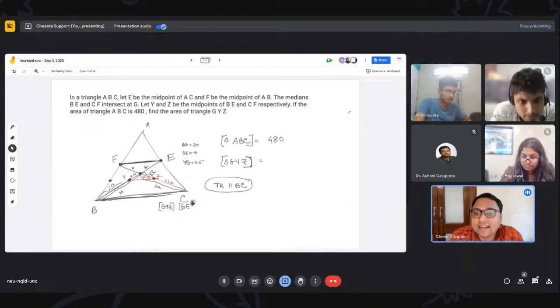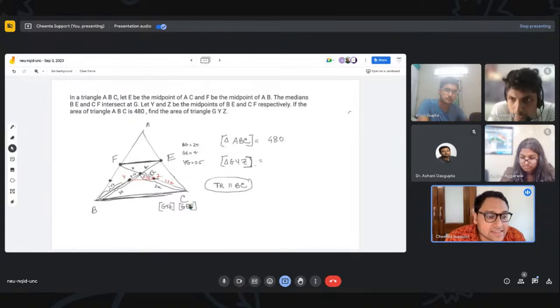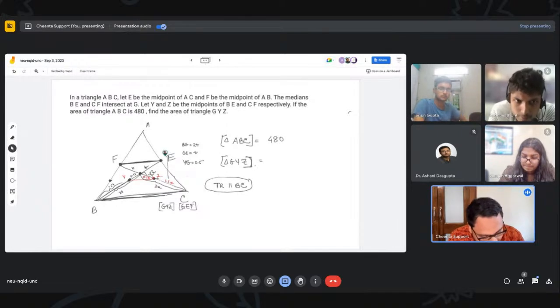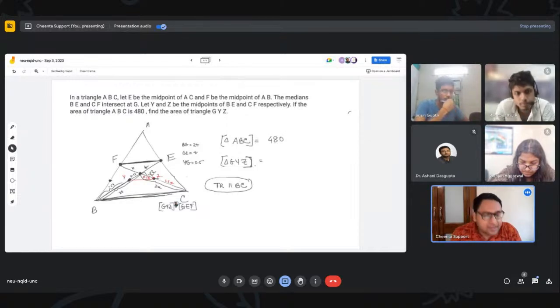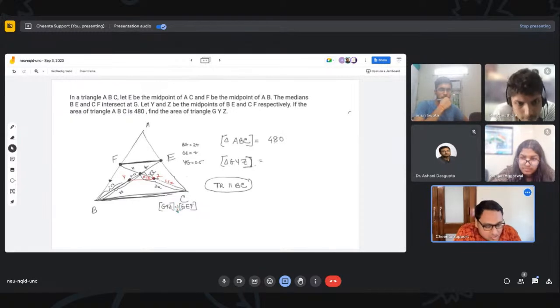And not only that, their side lengths are half, so their area is 1/4. If the side lengths are half, the area is 1/4. So triangle GYZ is 1/4 the area of triangle GEF. GEF is this one.